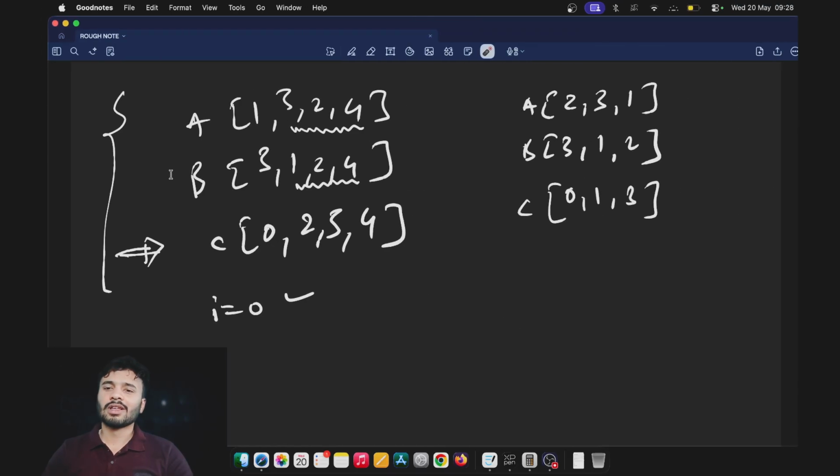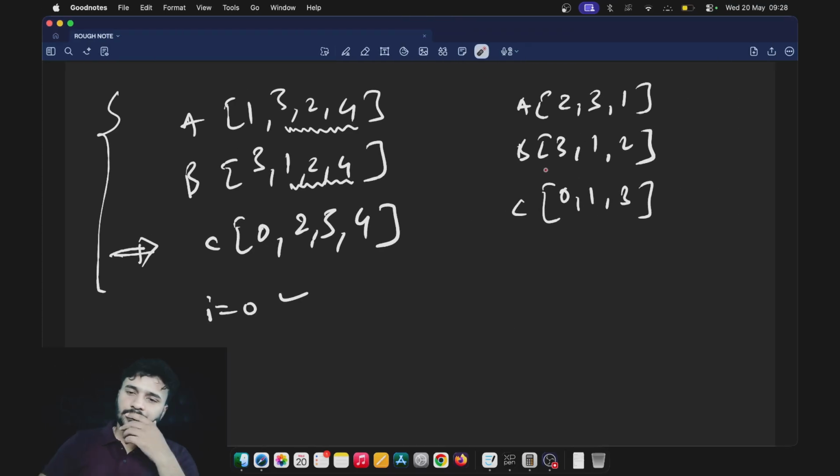So no worries. The thing is, if you are at index I, then you can include that I and the part before. And let's see how many are common in both arrays, and that will be our answer. That is the question. So it's pretty simple.